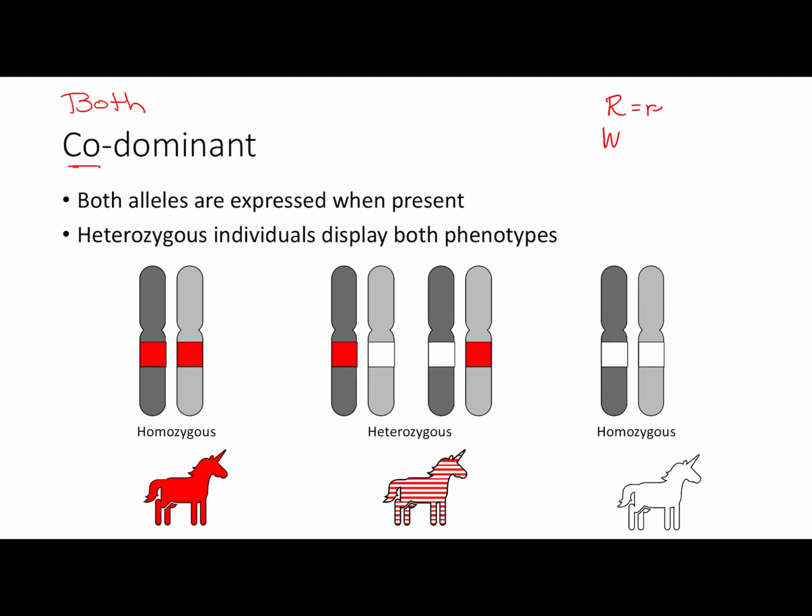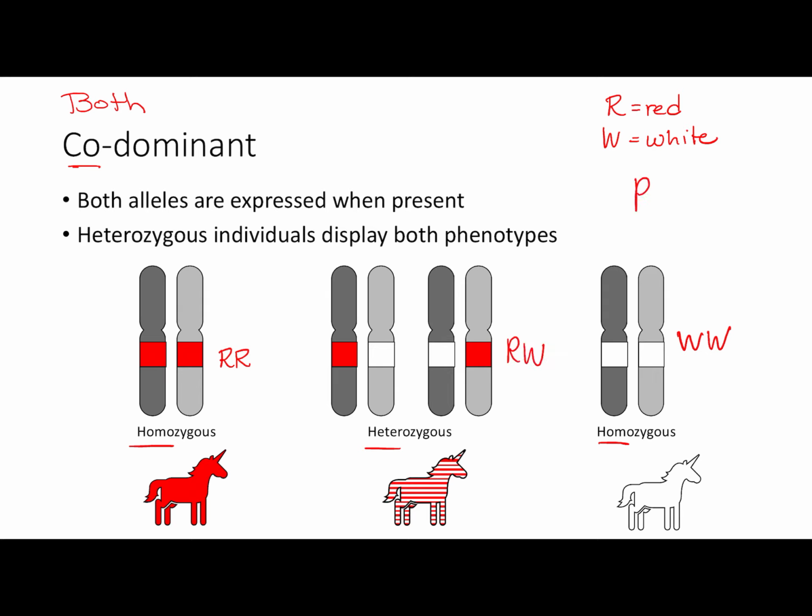For example, R for red, W for white. We have an individual here who is homozygous red, which must mean they're big R, big R. We have an individual here who's homozygous white, which must mean they're big W, big W. And the heterozygous would be big R, big W.